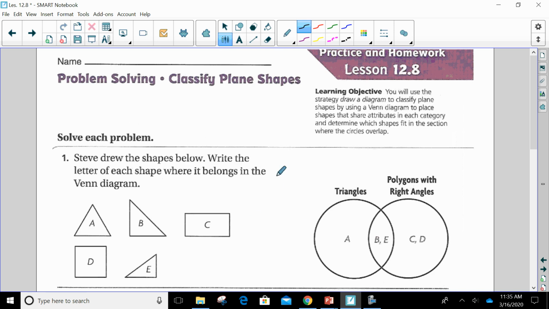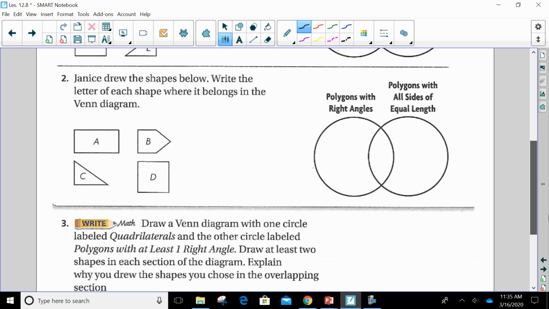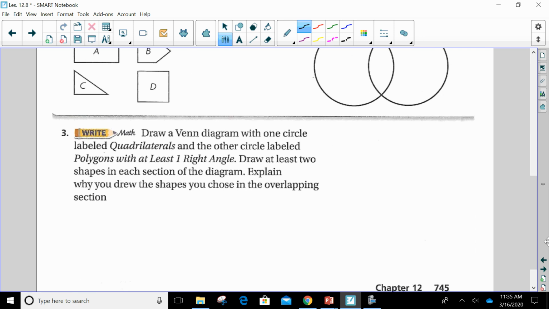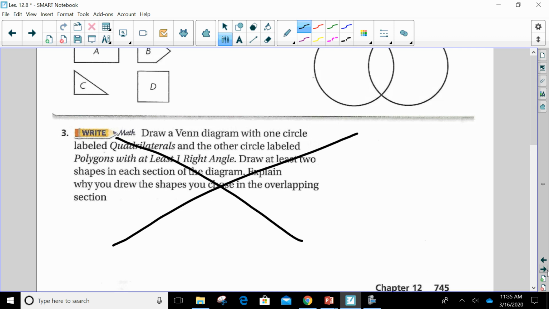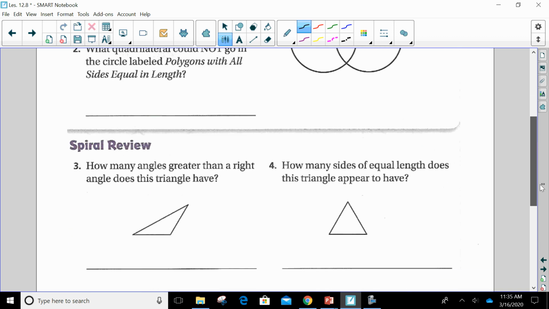All right, now ladies and gentlemen, I want you to do this page. Don't worry about doing number 3, but I want you to do this, and let's see what else is down here.